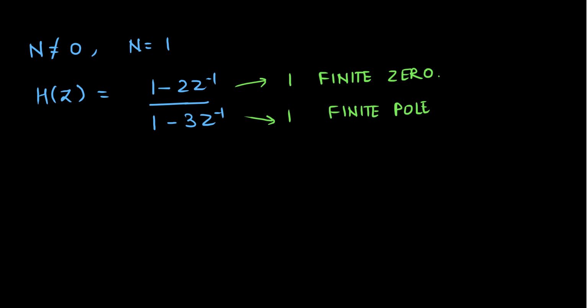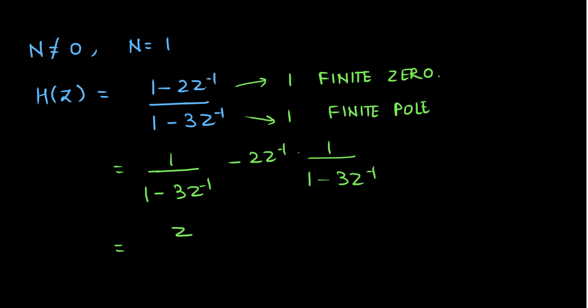So now let us try finding its inverse. For that, we will separate it as 1 upon 1 minus 3z inverse minus 2z inverse into 1 upon 1 minus 3z inverse. So what we have is z upon z minus 3 minus 2z inverse into z upon z minus 3.